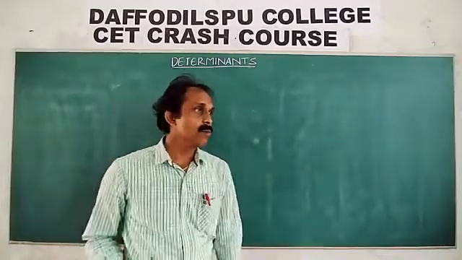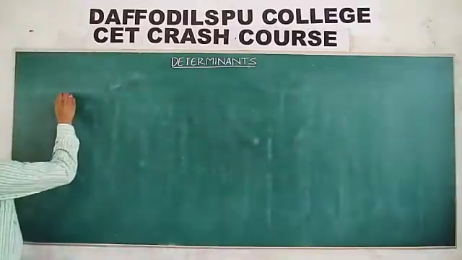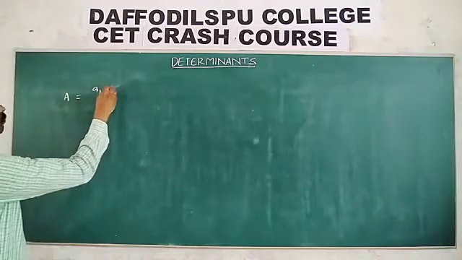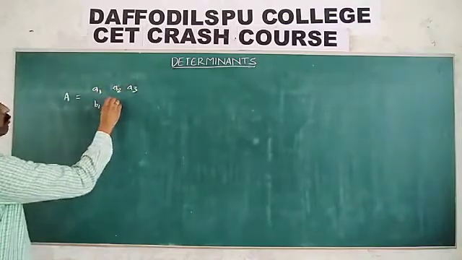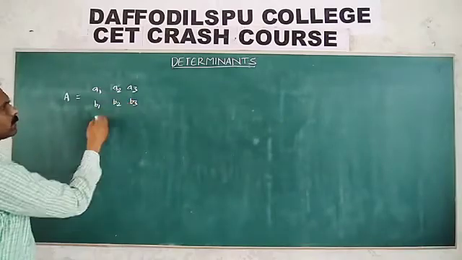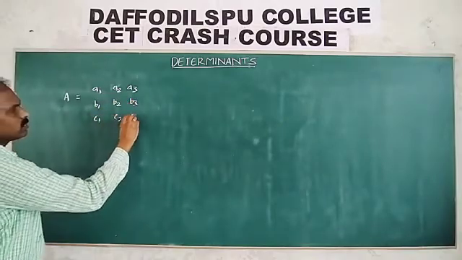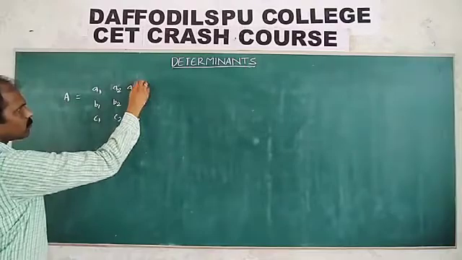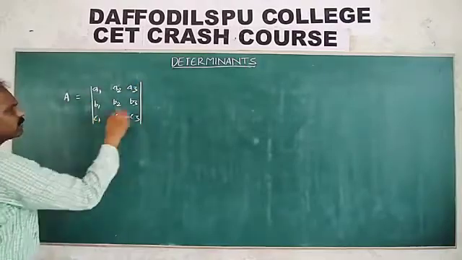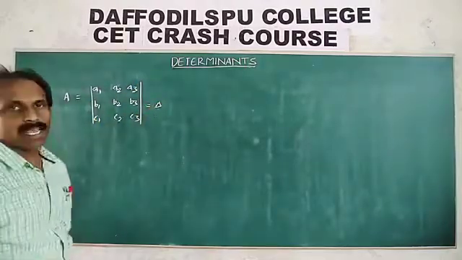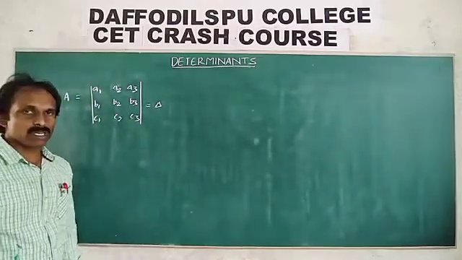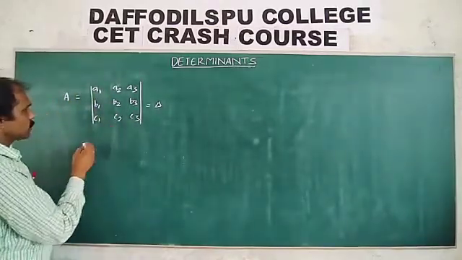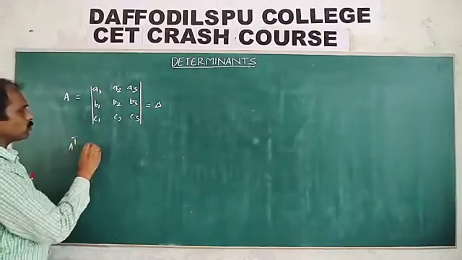First property: suppose you take a matrix A with rows A1, A2, A3; B1, B2, B3; C1, C2, C3. Its determinant is equal to some value. Take the transpose, where rows and columns are interchanged, that is A transpose.